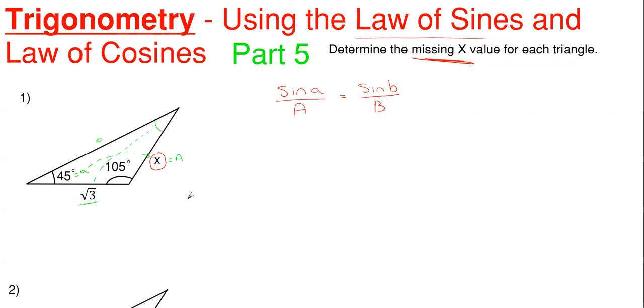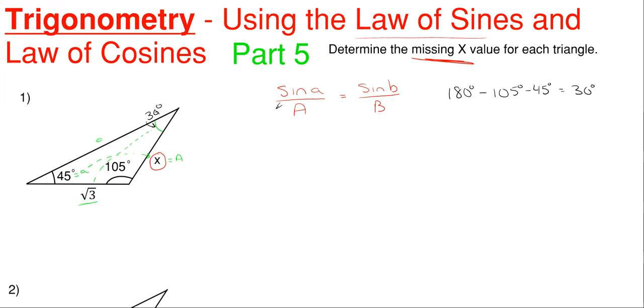Can we find that internal angle? Yes, we can, simply because we know two internal angles, and we know that a triangle has a total of 180 degrees in it. So this angle that is opposite the square root of 3 would just be 180 degrees minus the 105, and then minus the 45, which gives us a total of 30 degrees up here. That's a 30, not a 36.